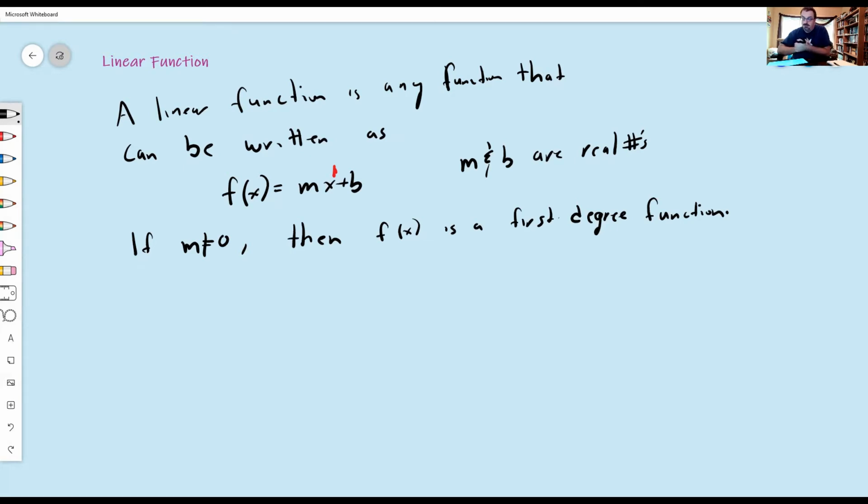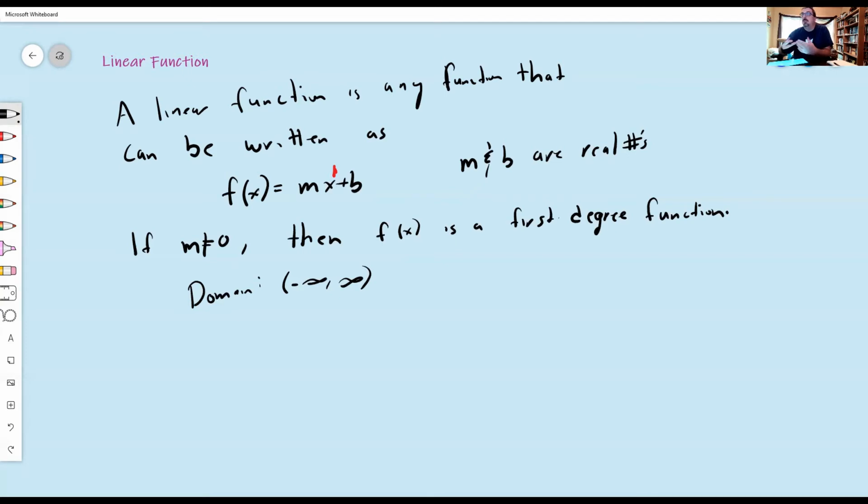In general, the domain and range of a linear function is minus infinity to plus infinity. That deals with the fact that in order to restrict your domain, you look for things like square roots of negative numbers, so you get complex numbers. We don't have any of those.